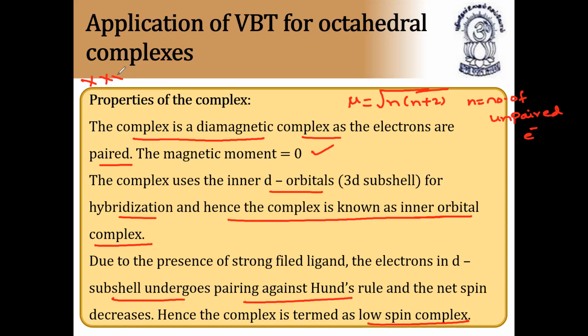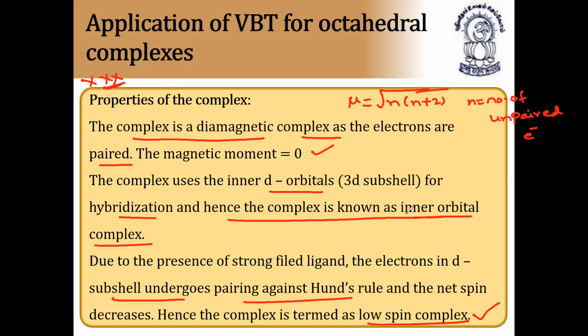These are the properties of the complex hexaamine cobalt(III). Due to the presence of a strong field ligand, the electrons in the d subshell undergo pairing against Hund's rule, and the net spin decreases. Hence, the complex is termed a low spin complex. So inner orbital complexes are low spin complexes.